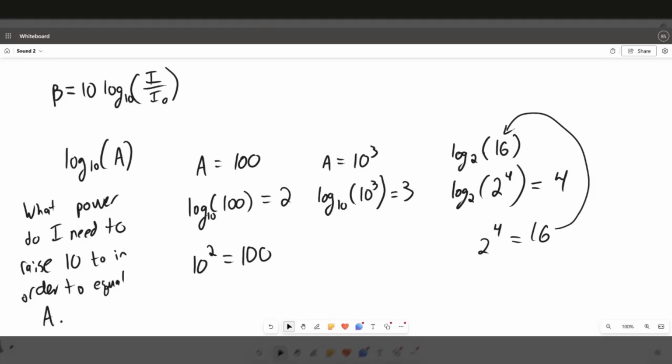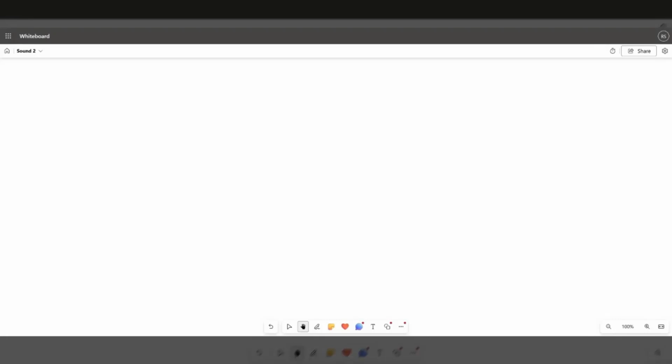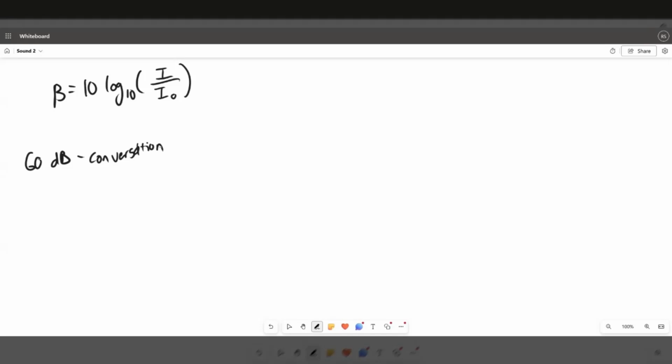So now let's apply this understanding of logarithms to this equation for the decibel level. Let's compare the 60 decibels for a normal conversation to the 100 decibels for a loud factory.